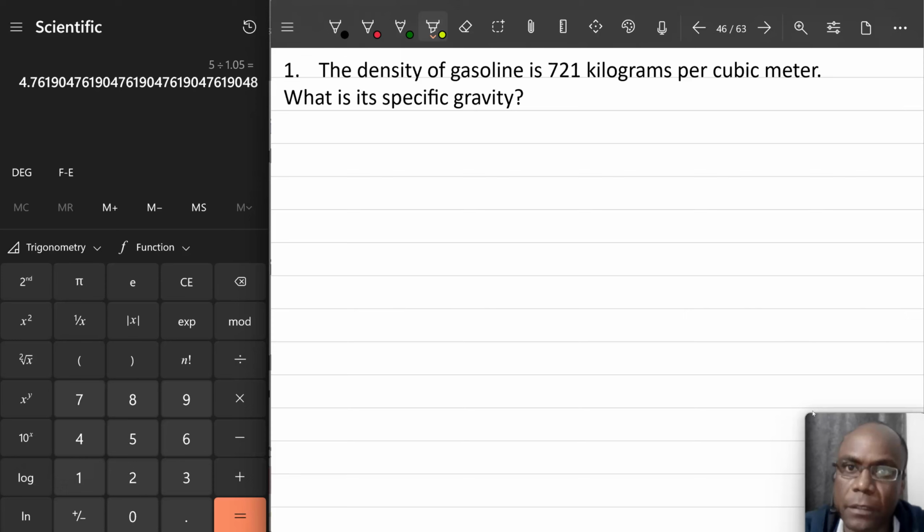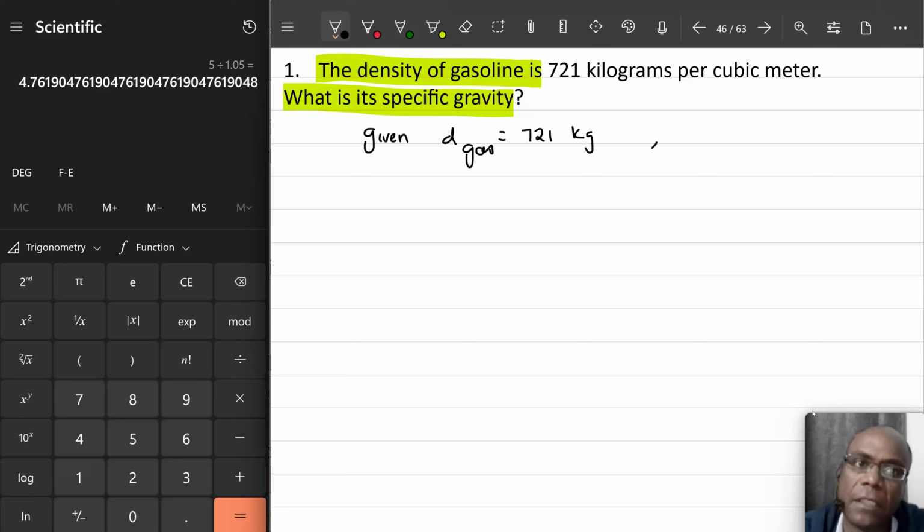Question number 1. The density of gasoline is 721 kilograms per cubic meter. What is the specific gravity? Now here, what am I given? I'm given the density of gasoline to be 721 kg. And what do I need?